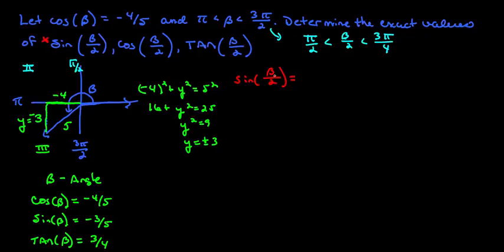So the sine of beta over 2, now here we don't know what the actual angle is. And there's ways to find the original angle.